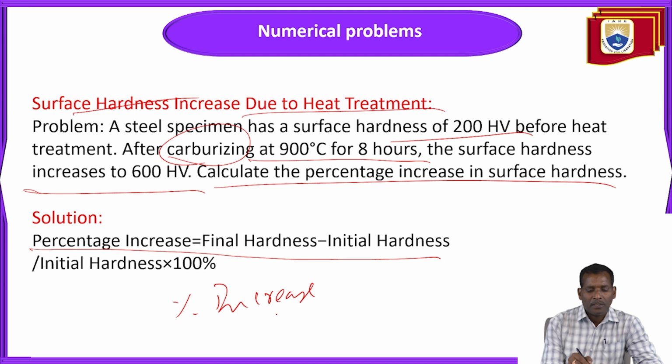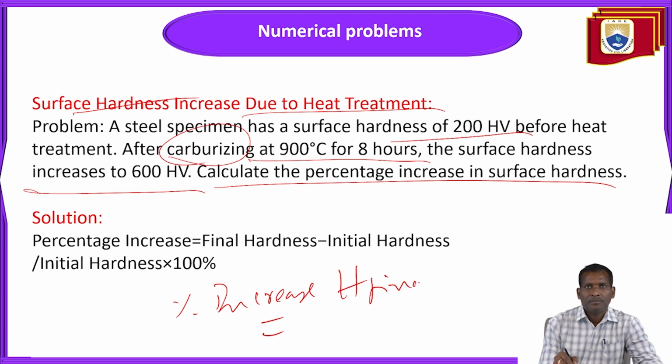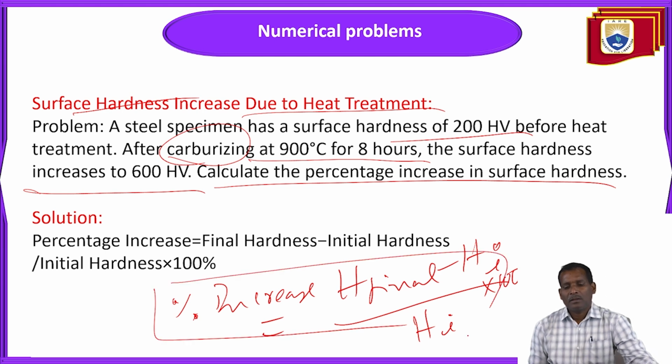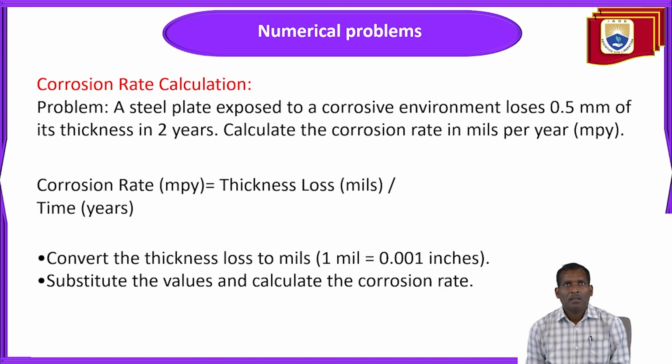The percentage increase is equal to the final hardness, so you can write H final minus H initial upon initial hardness multiplied with 100. So we will get the percentage increase in surface hardness.